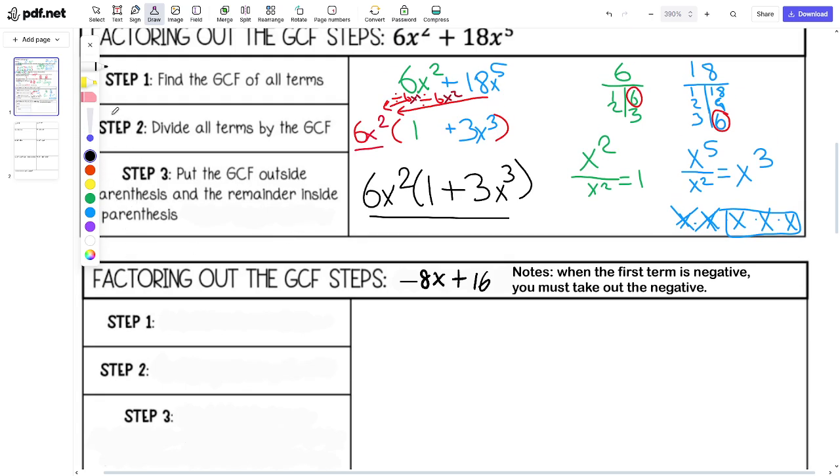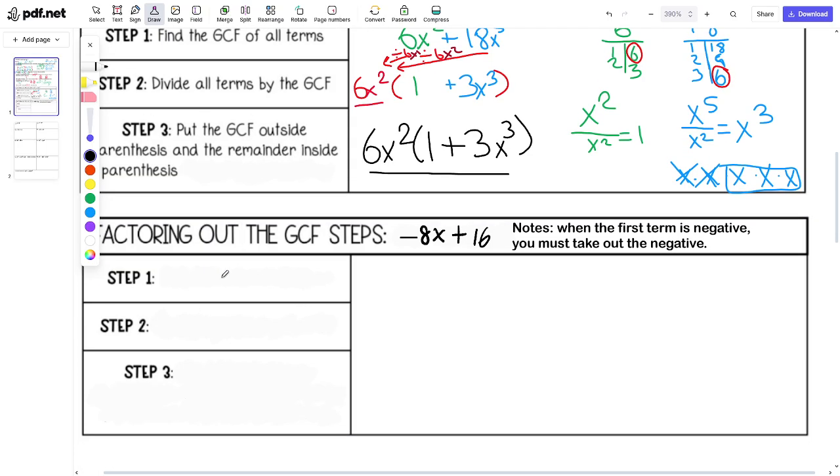And let's start this out. Again, step 1 is just find GCF. Step 2 is going to be divide by GCF.